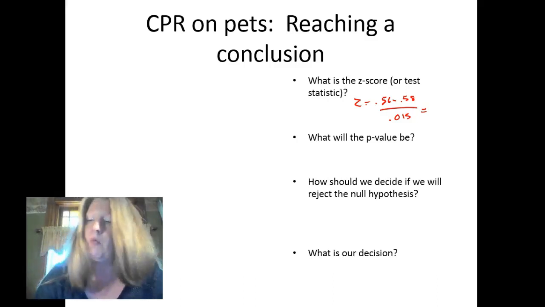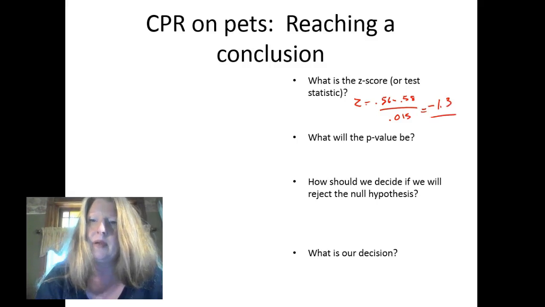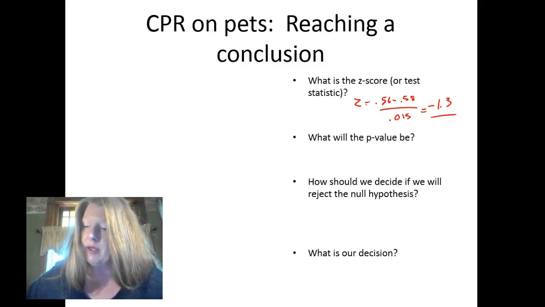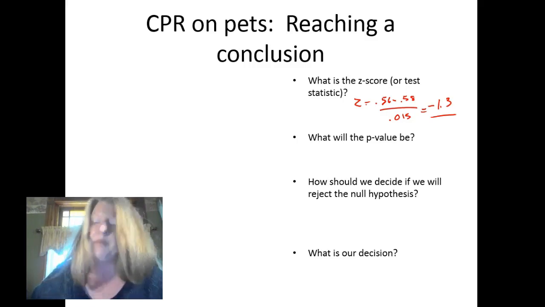Okay, so I'm getting about negative 1.3. Again, please double check my work so we can make sure that we're all getting the right thing and there are no mistakes. Okay, so I double checked. I think I got the right thing here.